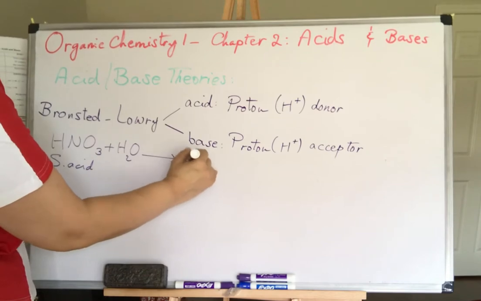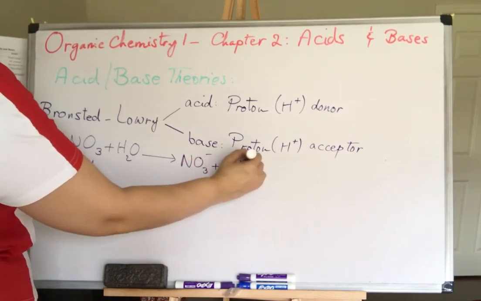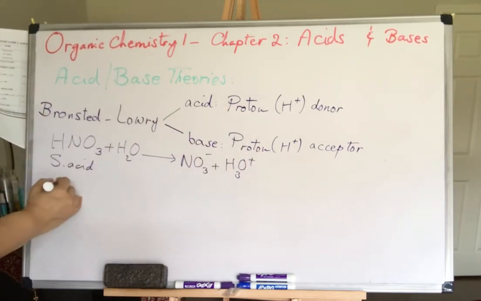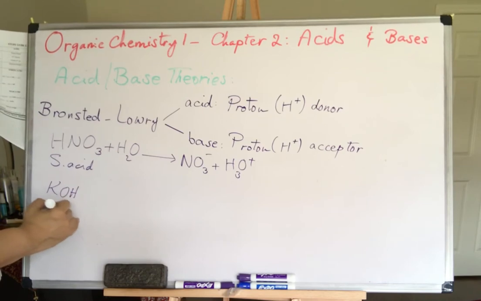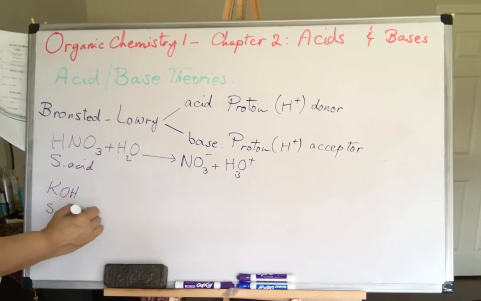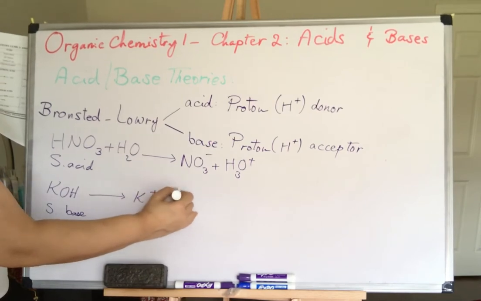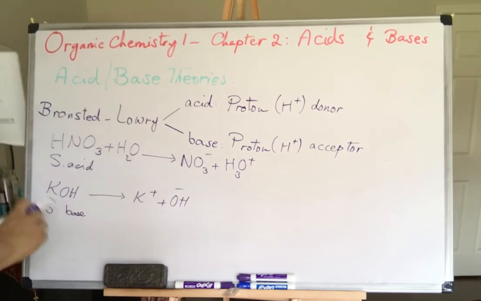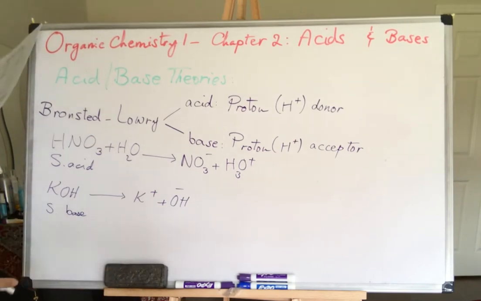It's going to form nitrate ion plus H3O. KOH, I'm still working on page 1. KOH is a strong base. So it's potassium and OH.